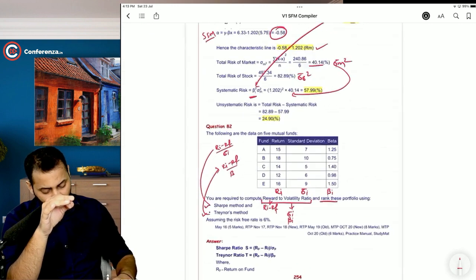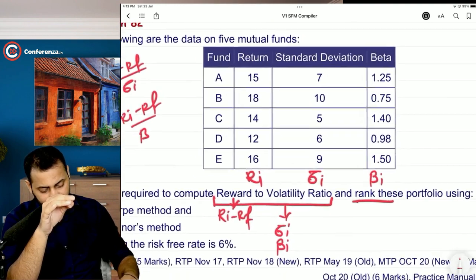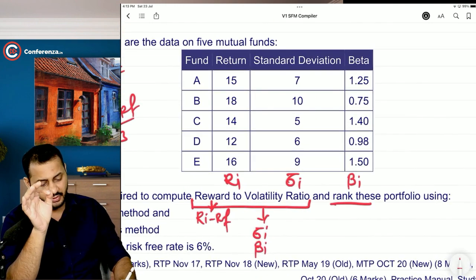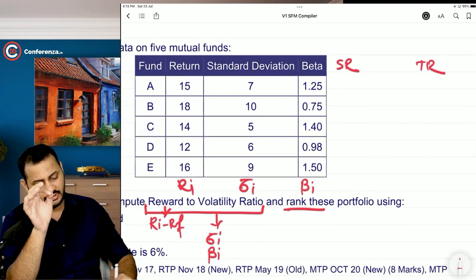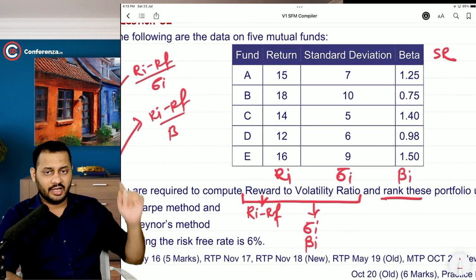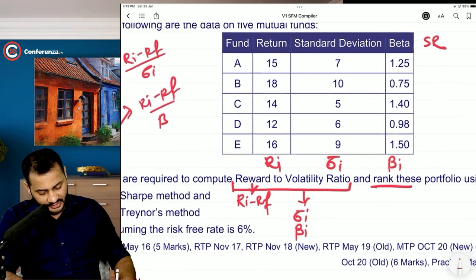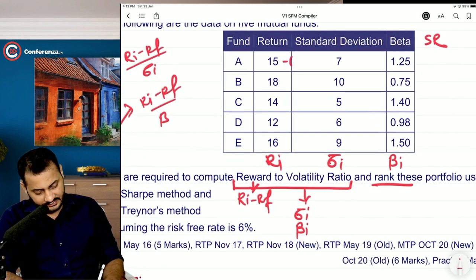Have a look. Now we are going to calculate the Sharpe ratio and the Treynor ratio for all the securities. Let's do it here itself. So RI minus RF, 15 minus 6. I am going to deduct 6 from all: 9, 12, 8, 6 and 10.